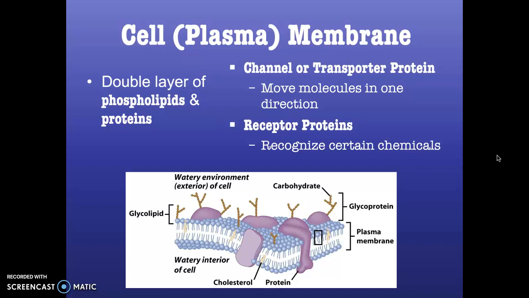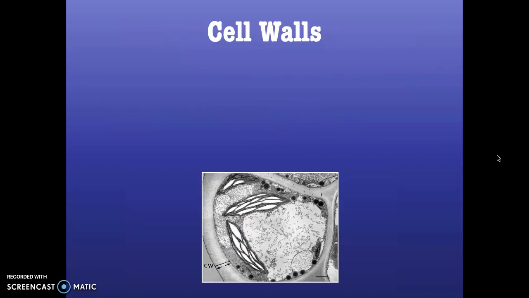Okay, so porous allows certain things to get in and out, but then we also have special proteins that allow things to get in and out. Again, we call this a lipid bilayer made up of phospholipids and protein. It is the phospholipids that are double layered.